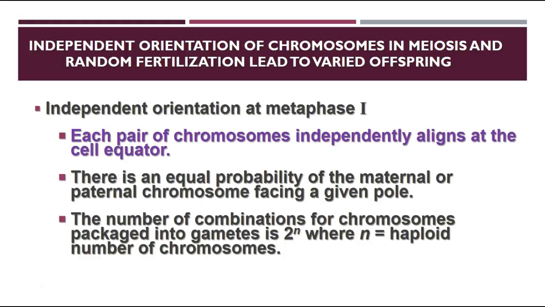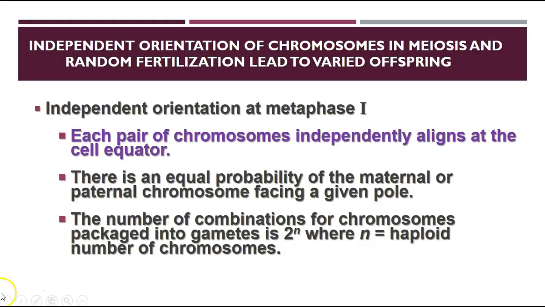Sometimes the mom chromosome will be facing one end and sometimes the dad chromosome will be facing that end. And it just depends on how they randomly line up. And then when they're pulled apart, you get a mixture of maternal and paternal chromosomes. You have a lot of different combinations.